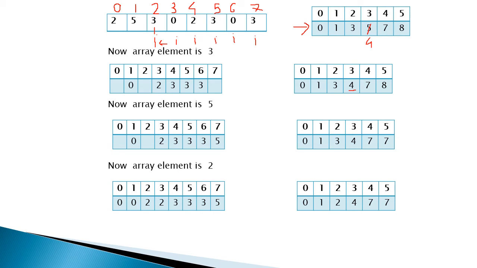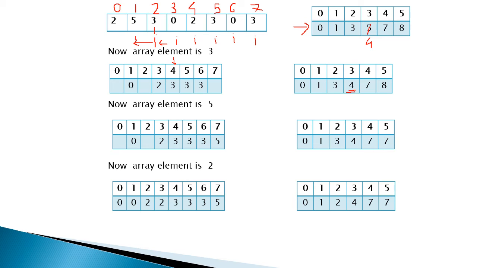Here the updated value is 4. And then again go to the original array and store the 3 number on index 4 in our original array.